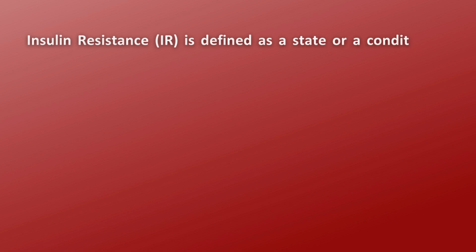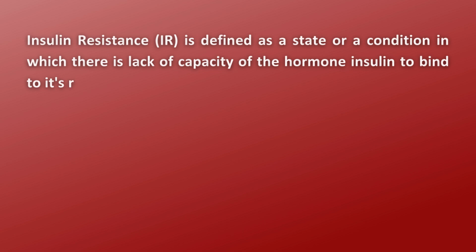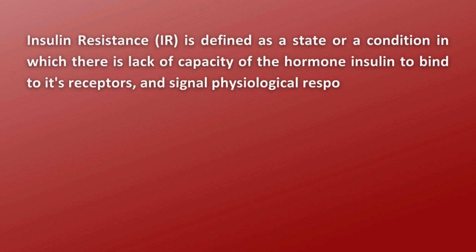Insulin resistance can be defined as a state or a condition in which there is lack of capacity of the hormone insulin to bind to its receptors and signal the physiological response which is expected.